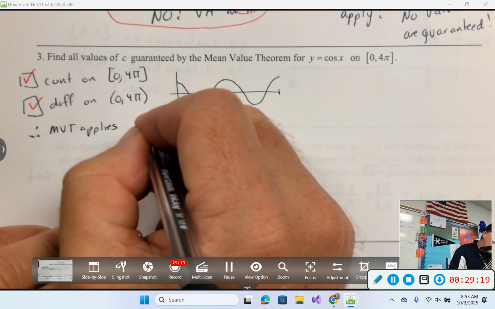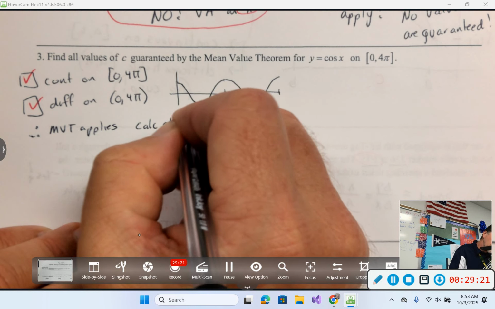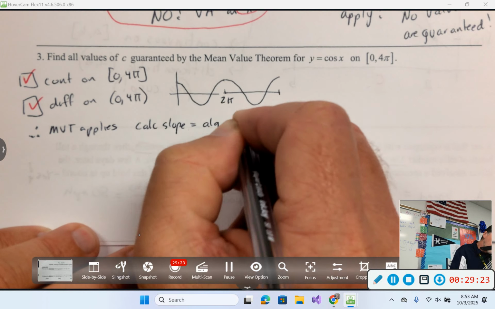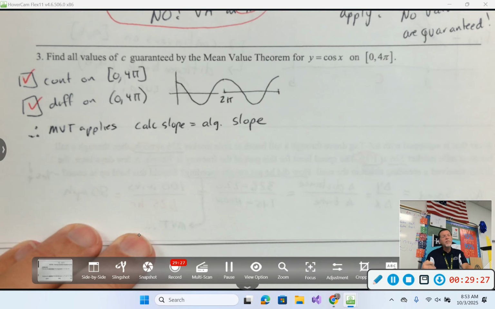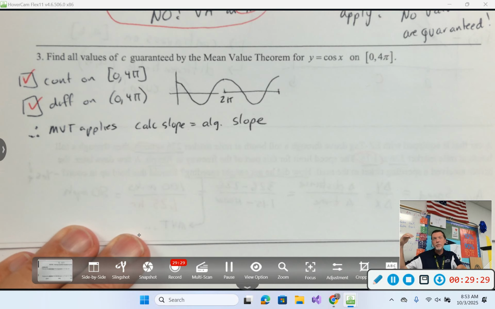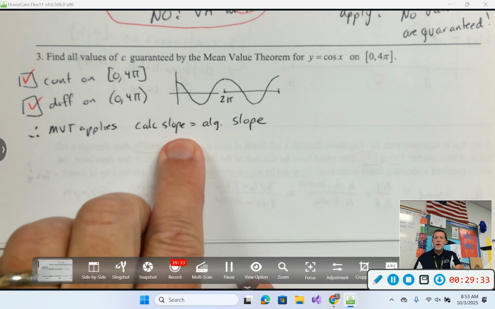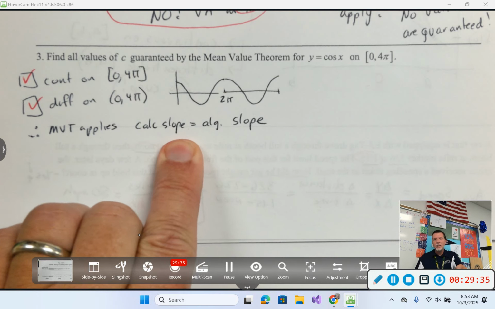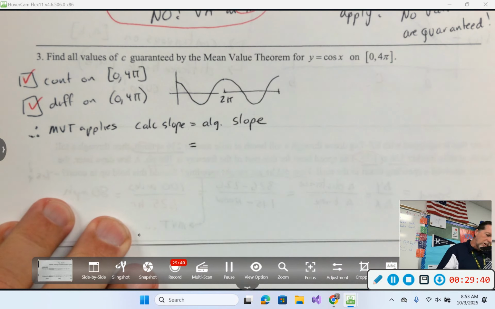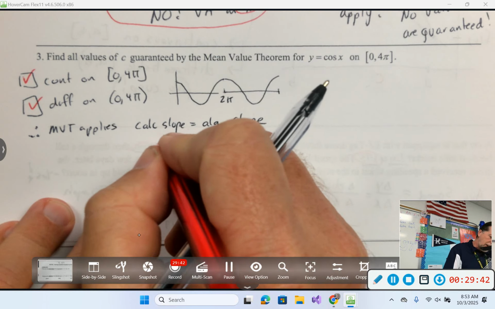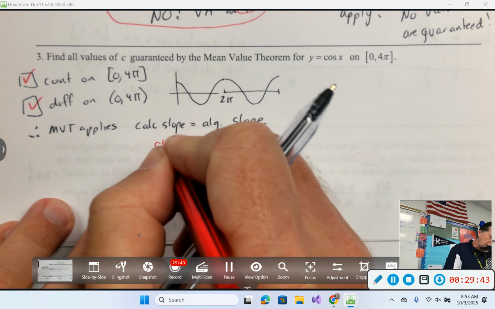Again, I start all the way back with calculus slope equals algebra slope. If you want to jump in one or two steps down the road and say f prime equals y2 minus y1 over x2 minus x1, that's fine. But my brain thinks MVT: calculus slope equals algebra slope. So calculus slope, that's f prime or dy dx.